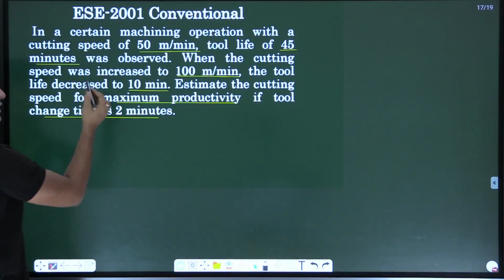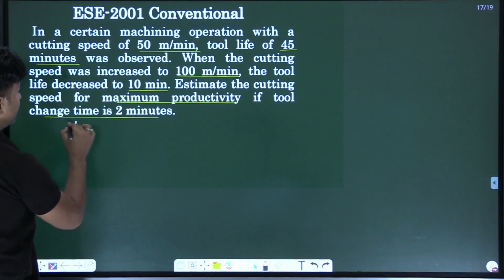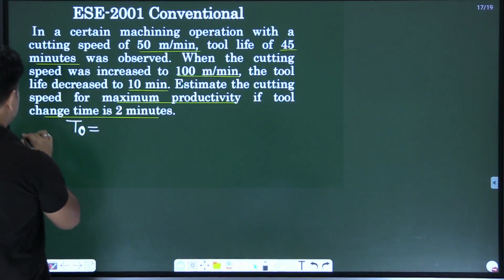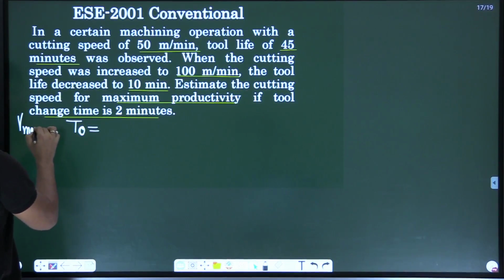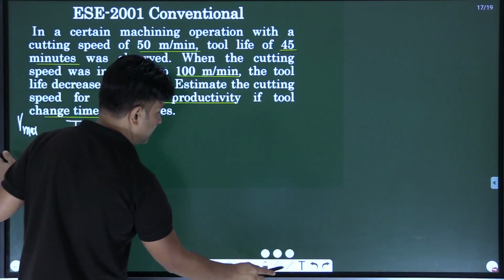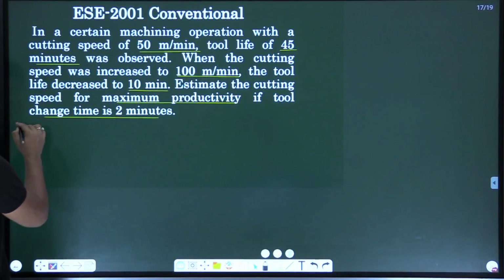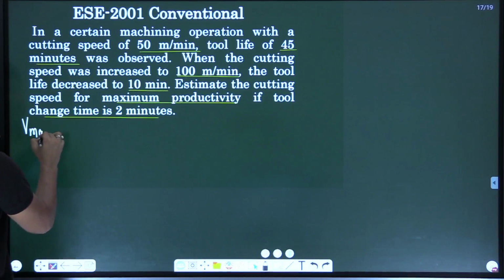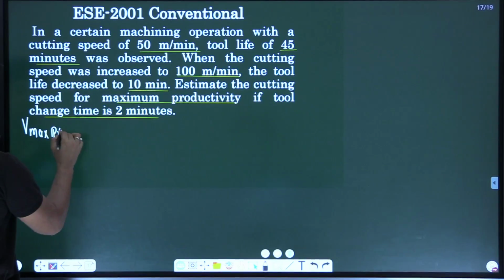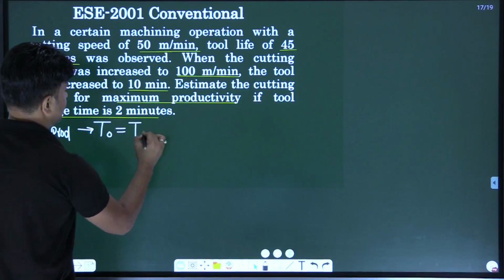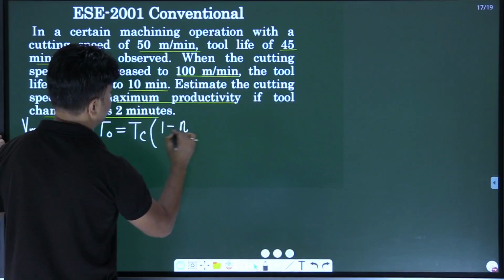Dear student, basically I want to know that velocity where the production rate is maximum, whose corresponding tool life is Tc into (1 minus n) by n.